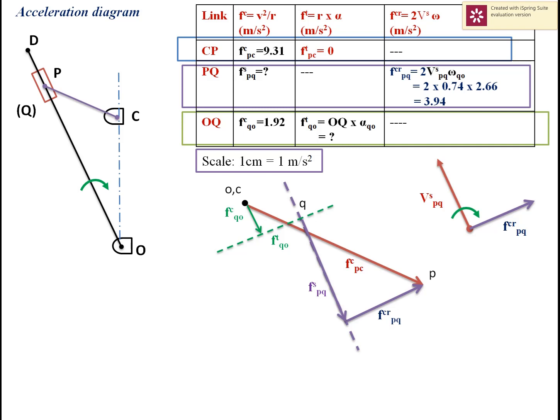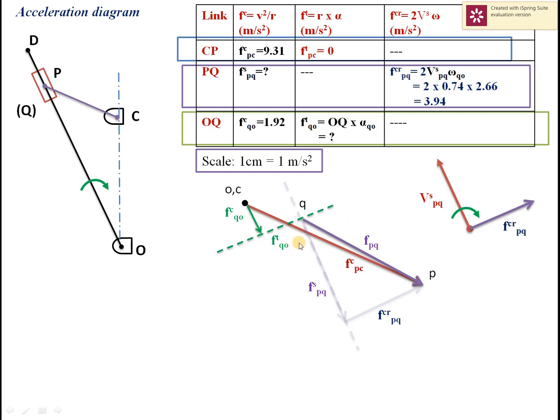Now FSPQ plus FCRPQ will give the total acceleration of P relative to Q, indicated by FPQ and represented by vector QP. So this is the acceleration of P relative to Q, FPQ, represented by vector QP.